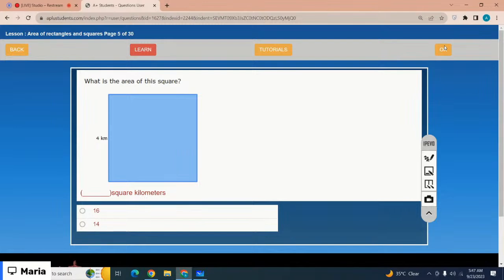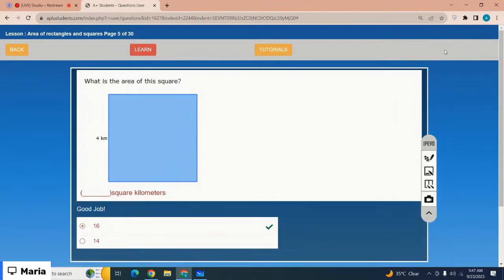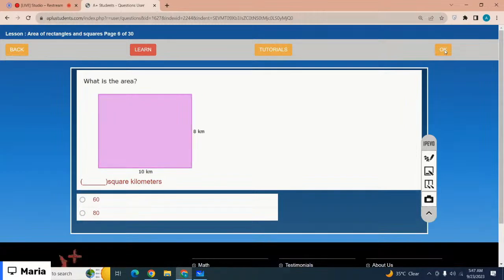Yes, that would be 16. 4 times 4 makes 16, so it is 16. Okay, the next one is you have to calculate the area of a rectangle, right? So which is the correct option?